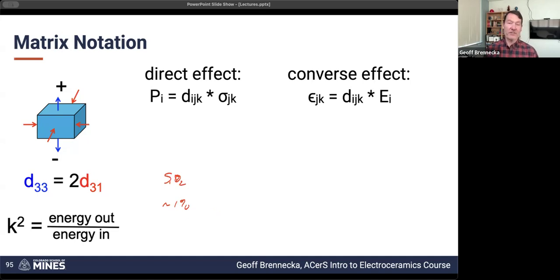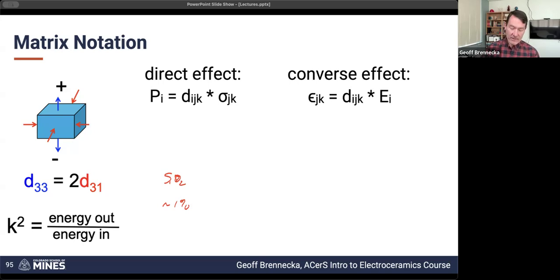So not very efficient at converting between electrical and mechanical energy, but it works great for watches, for timekeeping, these kinds of things. Quartz is wonderful because it's actually very efficient from a loss perspective, even though it's not very efficient from a conversion perspective.